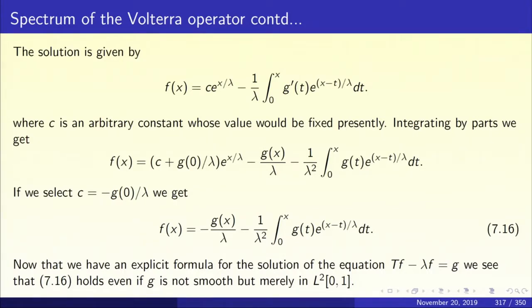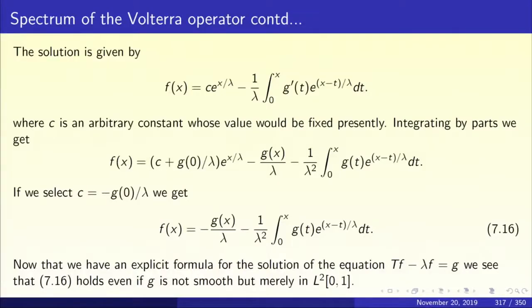We want to show that every L2 function is in the range. So let us assume that g is not necessarily smooth but merely in L2. Then the derivation of 7.16 is not correct, because 7.16 has been obtained under the stipulation that g is smooth. We differentiated the equation and we got an ordinary differential equation that we solved by the method of variation of parameters.